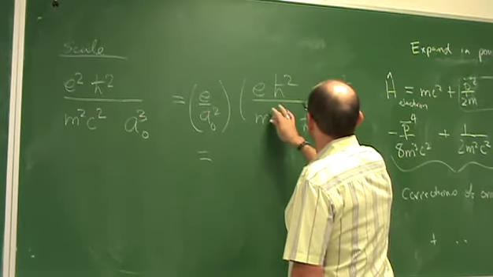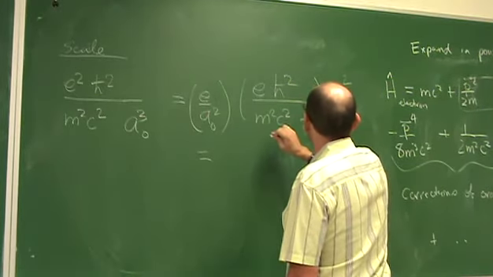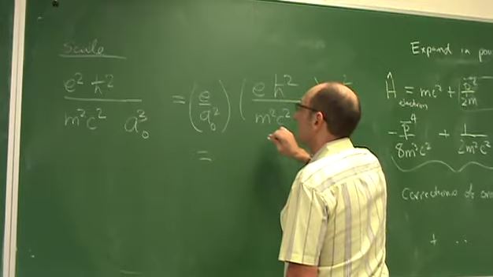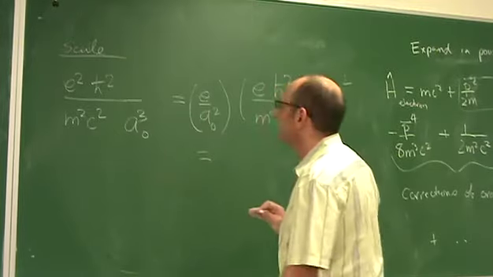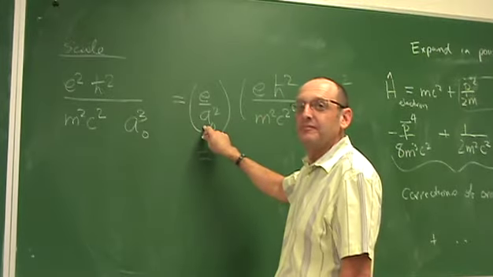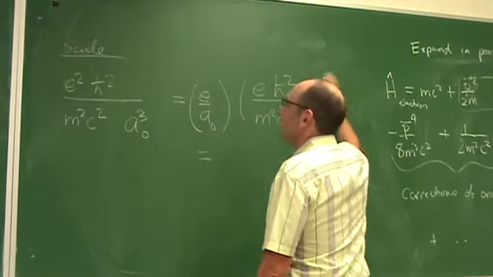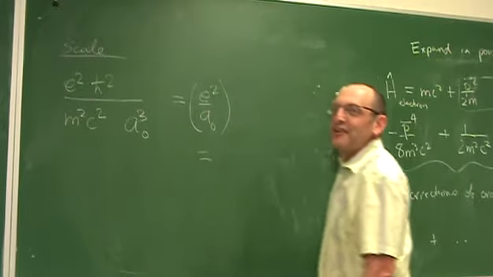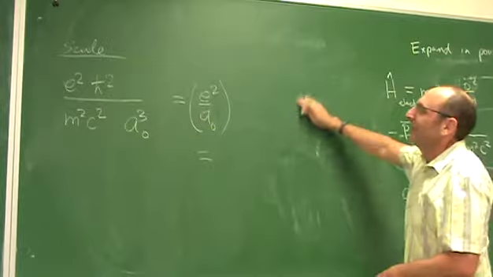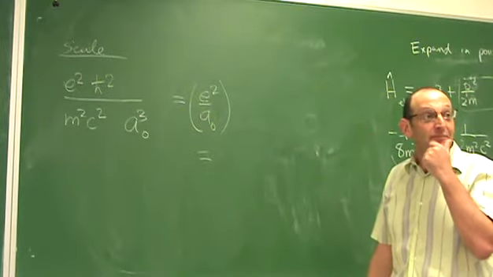What did I do wrong? Oh, I know what I did wrong. This is not the energy. Energy is e squared over a naught. That's energy. What I wrote down was the electric field.